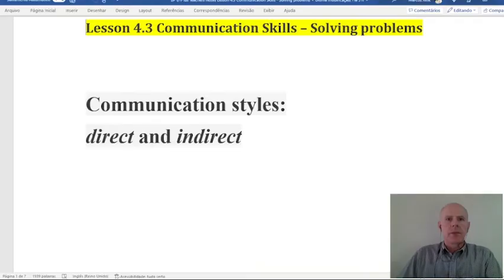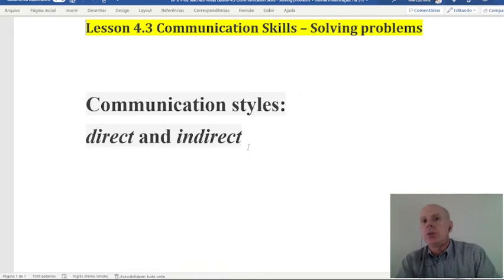Well, we have it here. Communication styles, direct and indirect styles. What do you prefer? What is direct style of communication? What is an indirect style of communication? Do you like to talk about a problem directly, stating the problem, telling the person how they are not doing what they should do and what you expect from them?